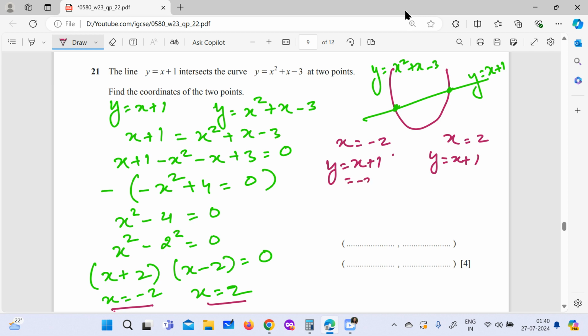So you get negative 2 plus 1, that is negative 1, and here you get y equals 3. So when x is minus 2, y is minus 1. When x is 2, y is 3. Please don't mess up these pairs. Be very careful in writing the coordinates according to the pair.